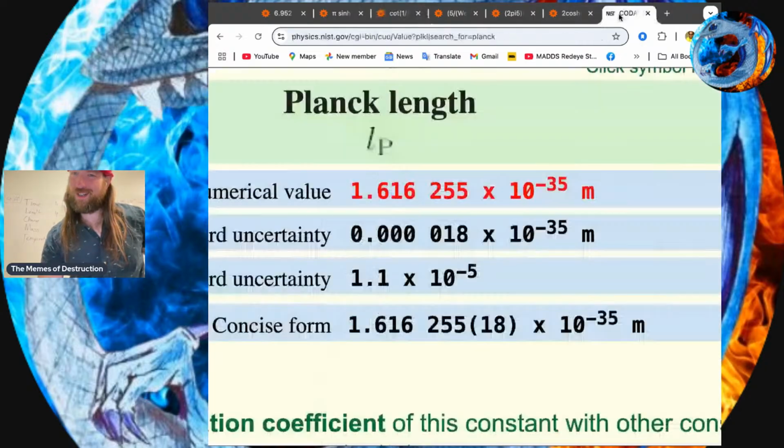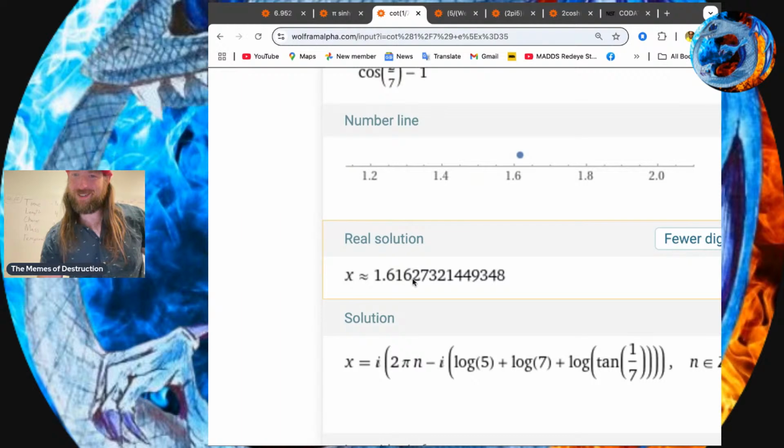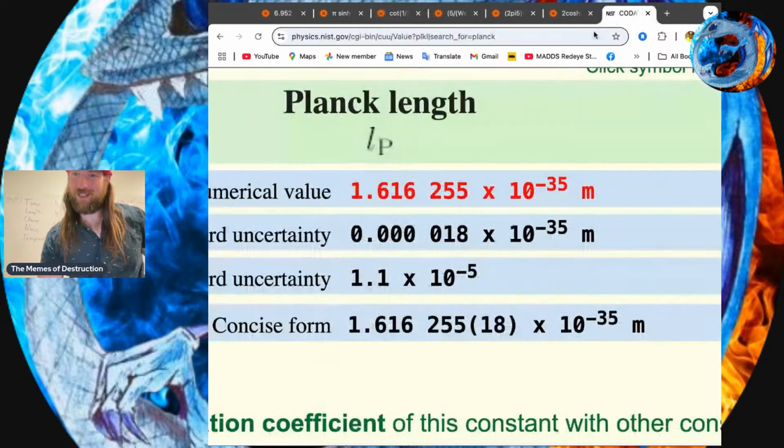1.6162. A little further, 273. Oh, that seems to be right at about 1 sigma on the top end of the Planck length, my friends. That's 35th power.